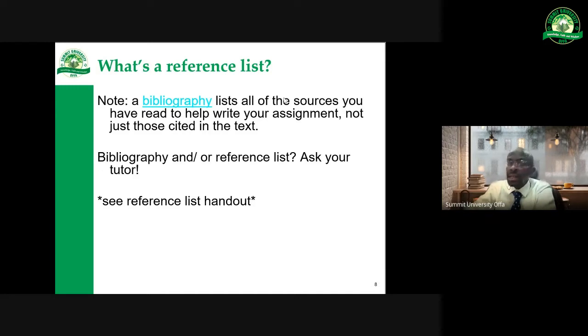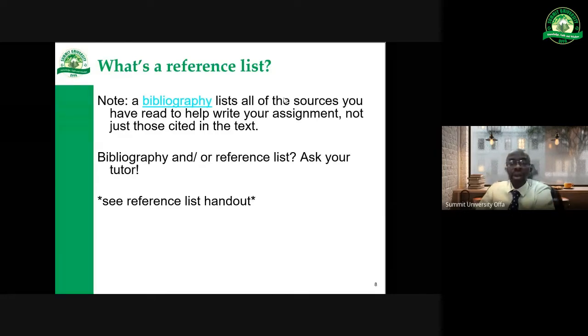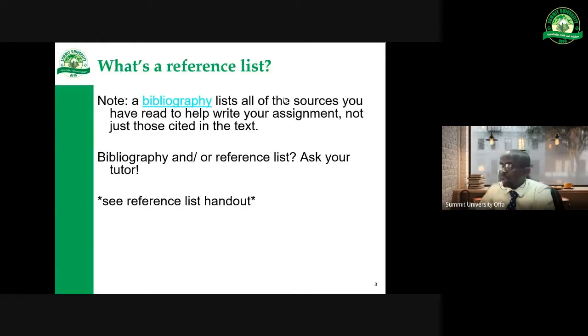When should I cite? If you are sure, you can unmute yourself, so let me listen to one or two of you regarding at what point we should cite. Yes? Anybody?